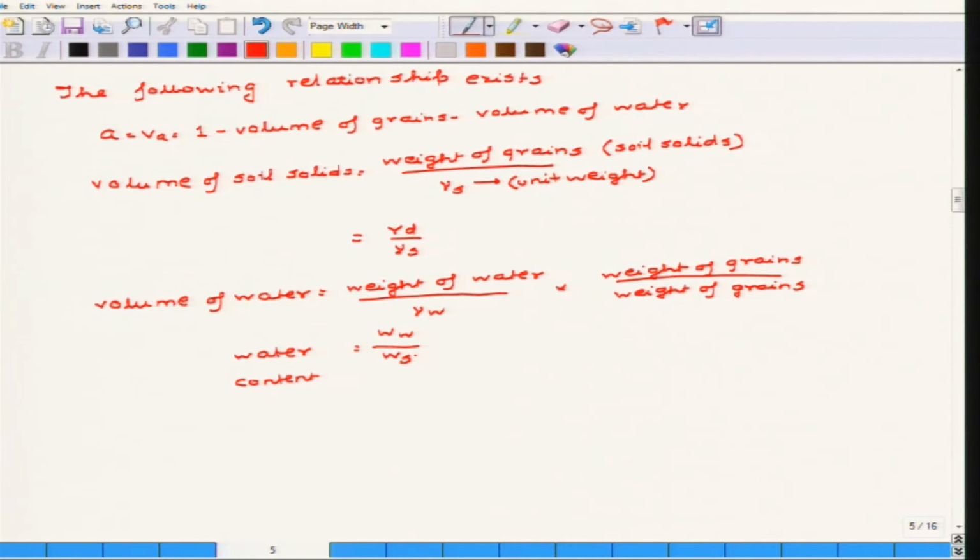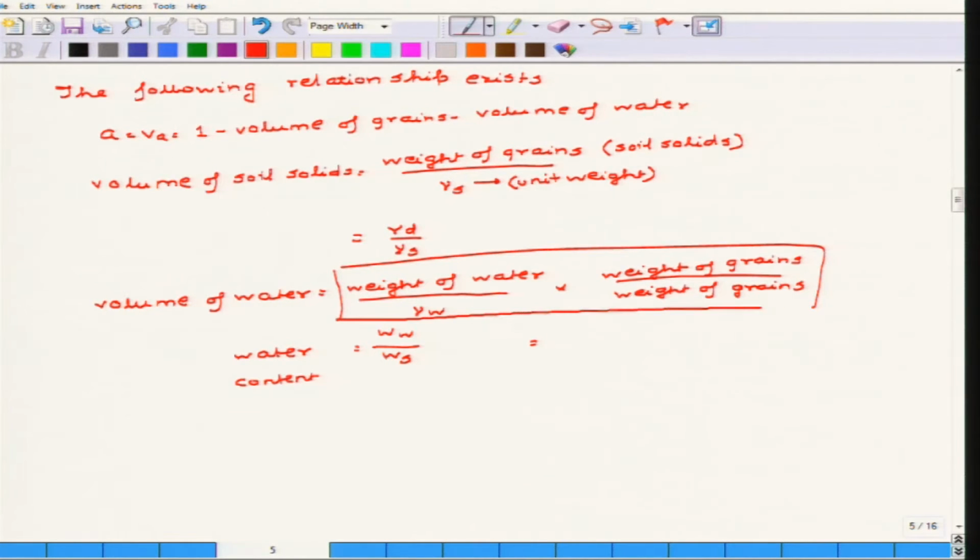The weight of the soil solids and the grains are the same. So from this relation we can write Ww by Ws into Ws by gamma w. Now, this is nothing but the water content of the soil into Ws by gamma w.